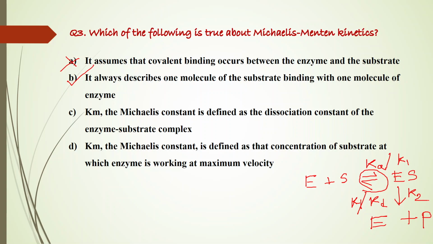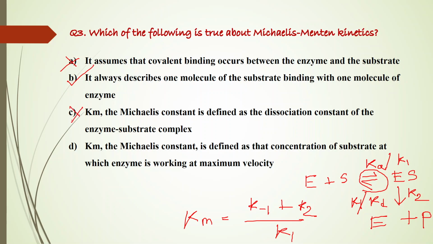If we remember the Michaelis-Menten equation, Km equals K minus 1 plus K2, divided by K1. But the third statement says Km is equal to the dissociation constant, that is basically K minus 1. That is not true at all, so the third option will be omitted.